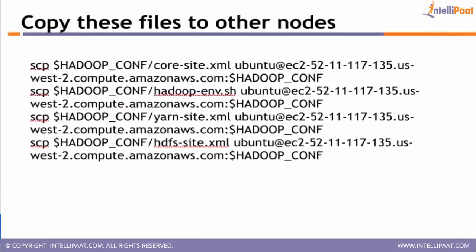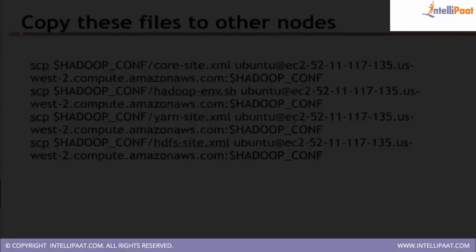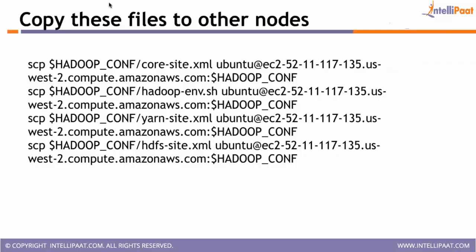Once you change yarn-site.xml, hdfs-site.xml, core-site.xml, and hadoop-env, you have to now copy these files from the name node to other nodes. These files we have created on the name node, but the same files will be used by all the machines. So we are going to copy the same files to other machines.